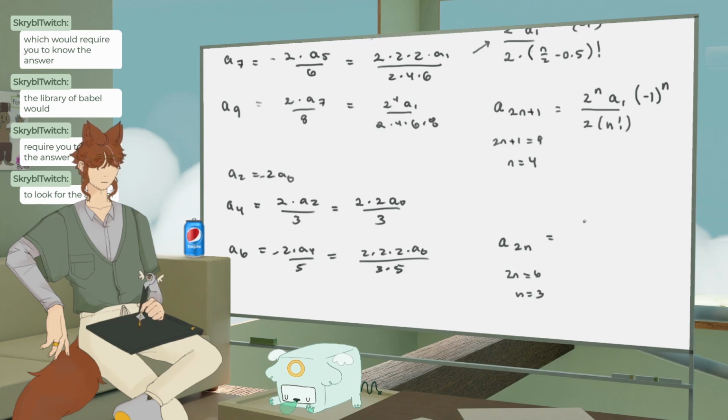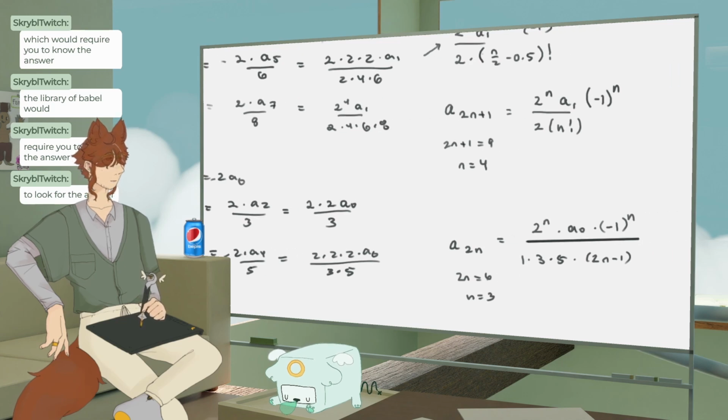Here, okay, so we do have 2 to the n times a0 times negative 1 to the n. And they just did 1 times 3 times 5 times 2n minus 1. I just wrote it like that, which I feel like is a cop-out. That's not a factorial. I feel like there's a way you can express that in a factorial that's nicer, you know?